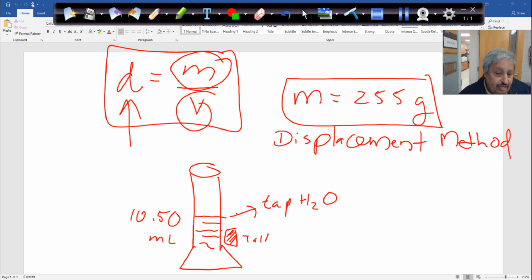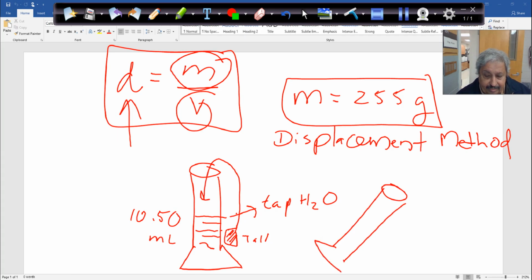Correct, guys? So then you'll take this metal here, you insert this metal inside, right? You have to tilt this one here, tilting, and then you insert this metal object inside, correct?